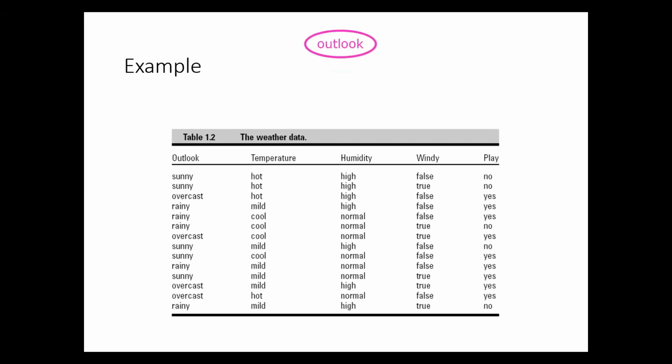It can have 3 different values: sunny, overcast, and rainy. So we have to create 3 branches. Let me put the values: the first one sunny, then overcast, and then rainy.